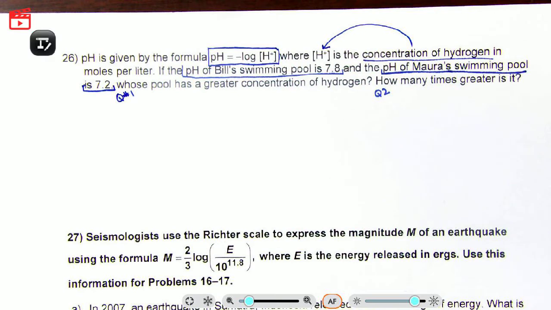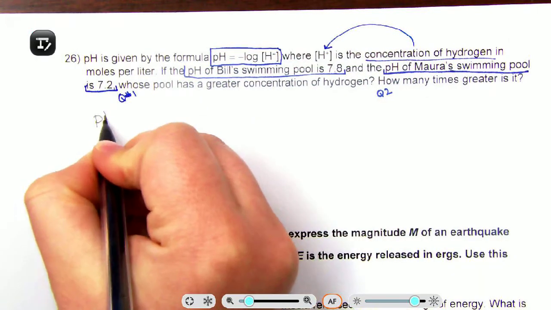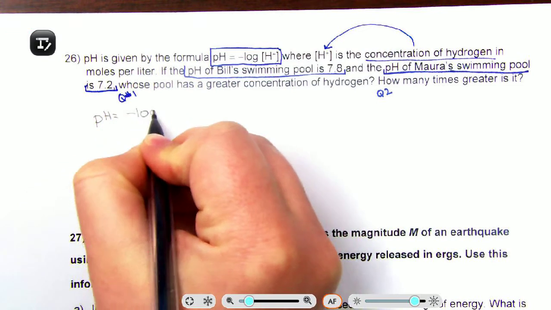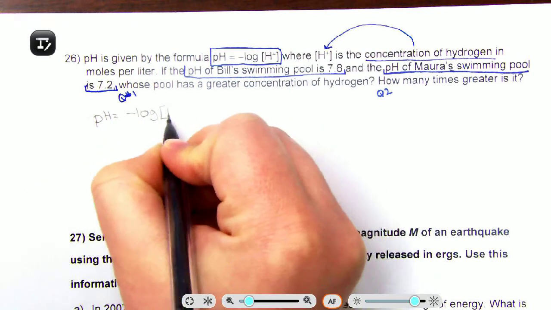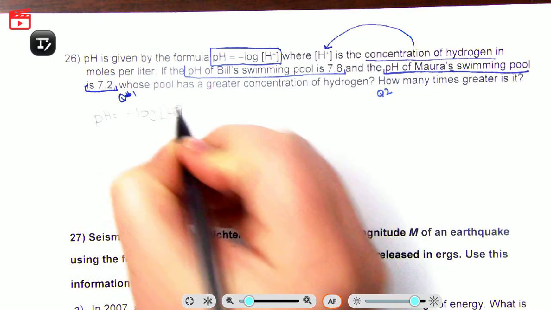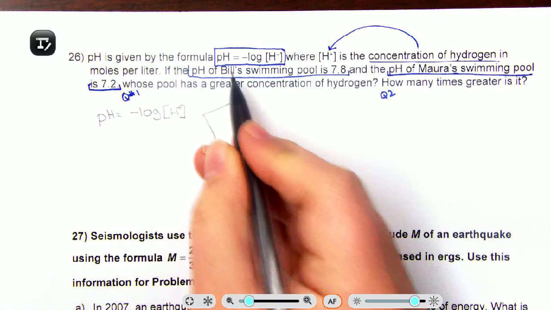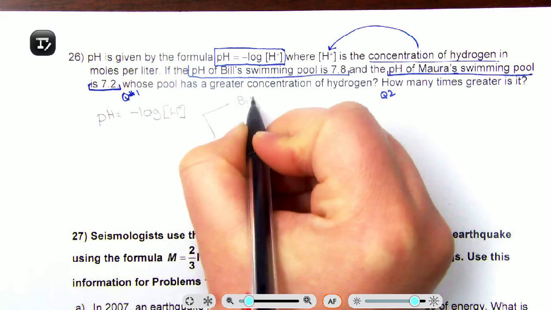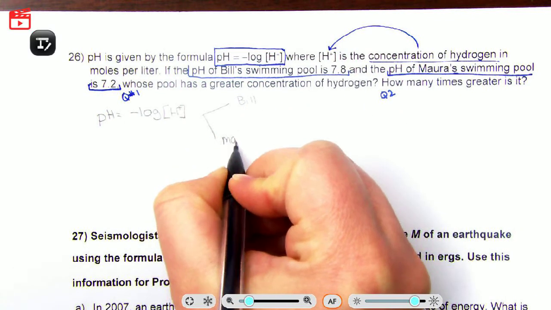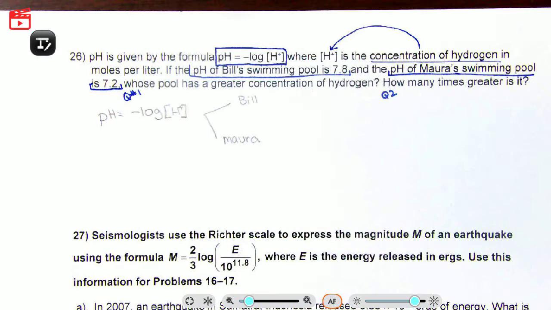All right, let's solve this. Let me put my marker away and grab my pencil, just in case. I have a feeling there might be some erasing in this, and that's okay. Here's our formula: pH is equal to negative log of our hydrogen concentration. Now we have two things to compare, Bill and Mara.